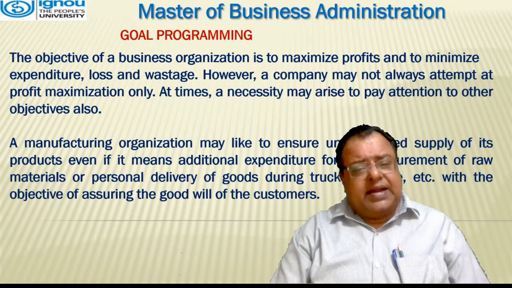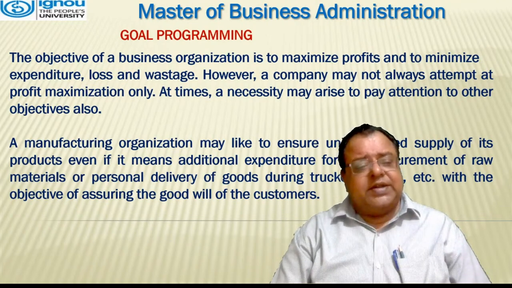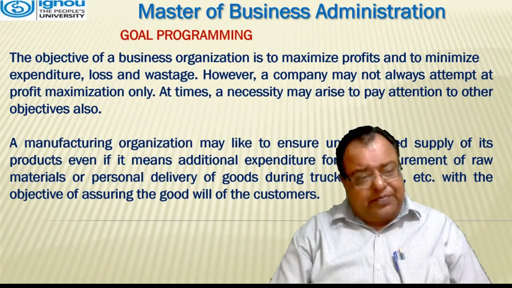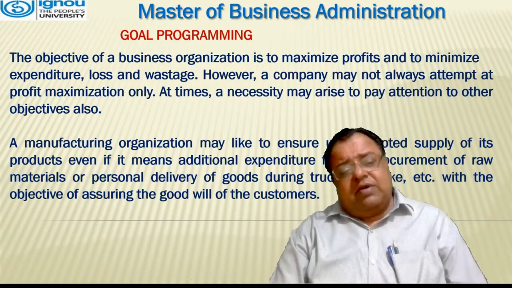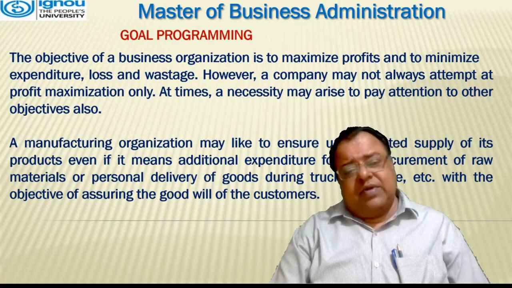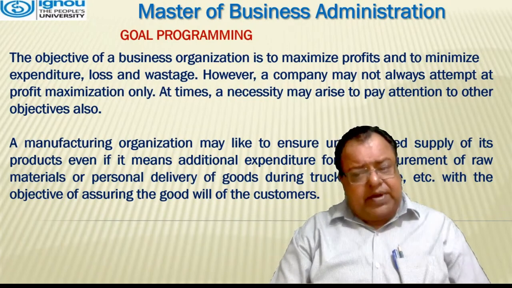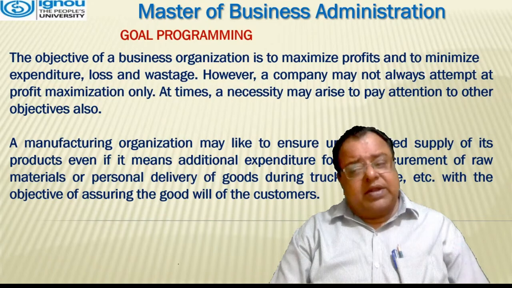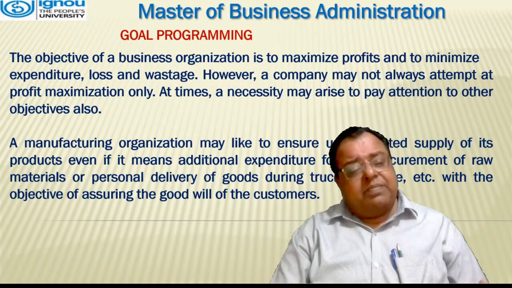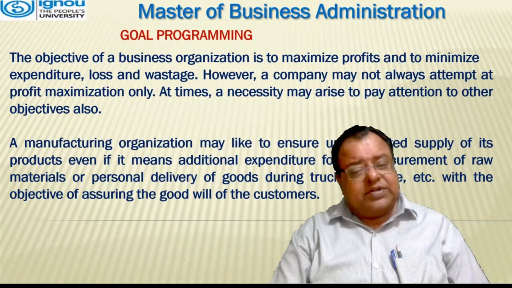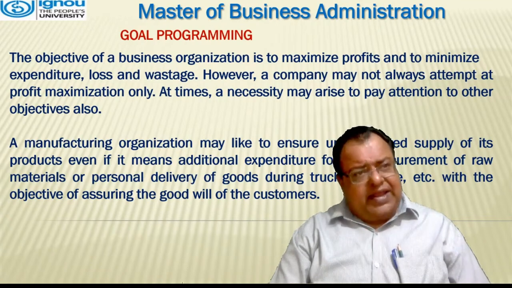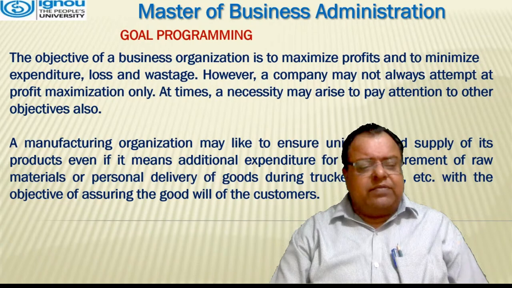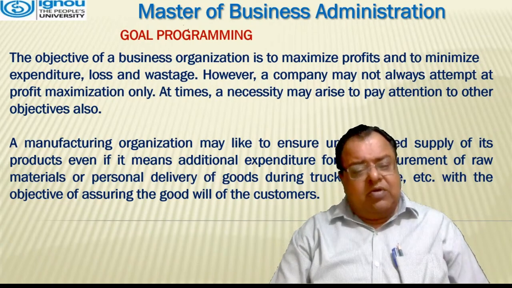At times, a necessity may arise to pay attention to other objectives also. A manufacturing organization may like to ensure uninterrupted supply of its products, even if it means additional expenditure on the procurement of raw materials or personal delivery of goods during a truckers' strike, etc., with the objective of assuring the well-being of the customers.